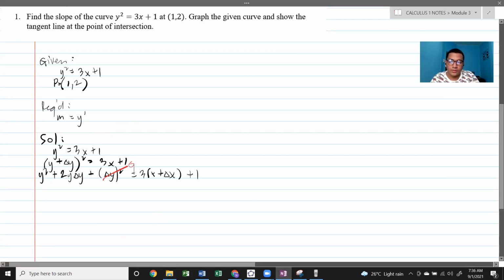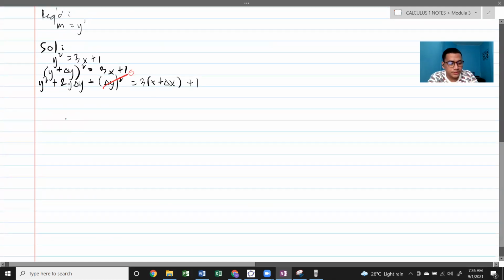Okay, let's go back to the boundaries. Let's isolate first this expression. So we have, let's expand this expression: 3x plus, sorry, 3 delta x plus 1 minus y squared. And then we divide this one by 2y.